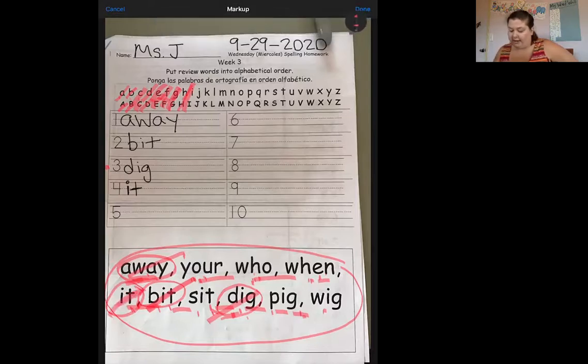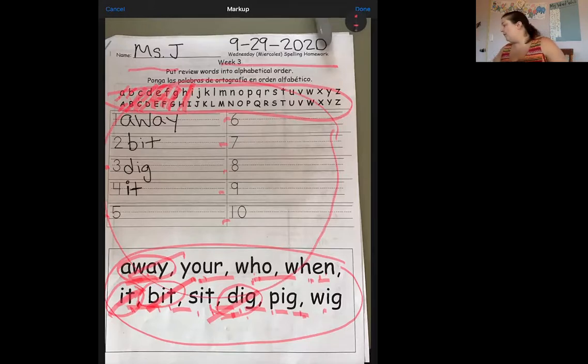You are going to find out for 5, 6, 7, 8, 9, and 10, okay? And then what order it goes in, using the alphabet, all right? And when you're all done, make sure your name and the date is on it and all the words are filled out. And when you're done, you're going to take a picture of it on Seesaw.